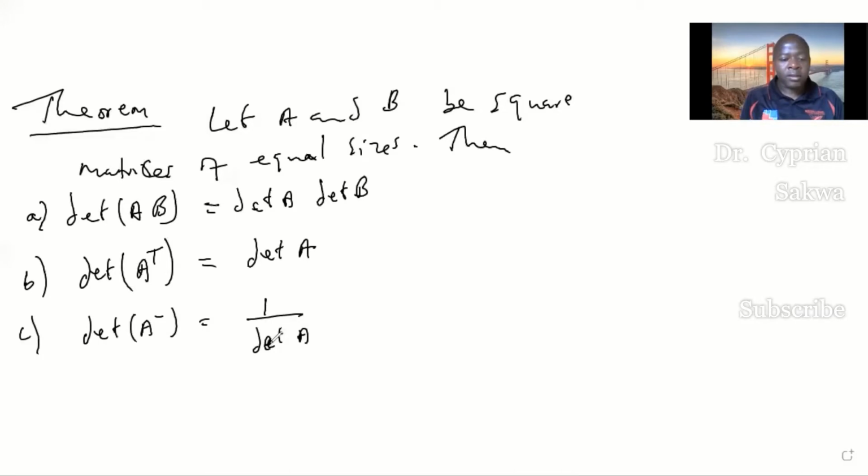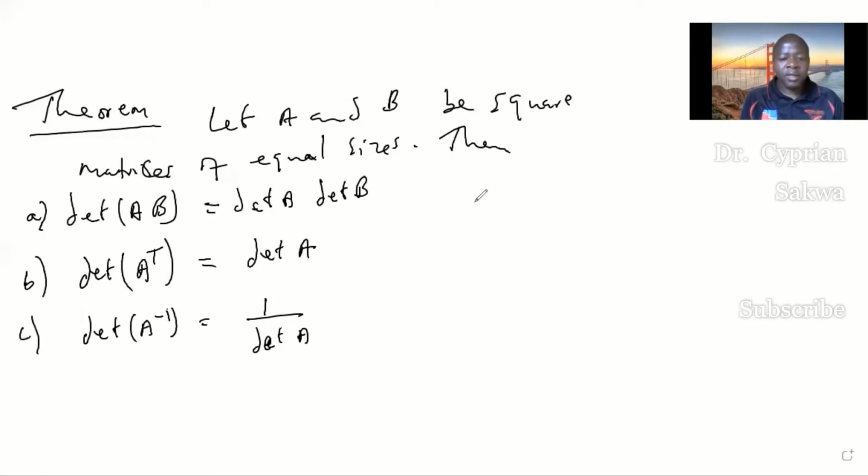This one, of course, we know. We've been using it. I'm not going to do examples. You can take matrices A and B and see if this is true.